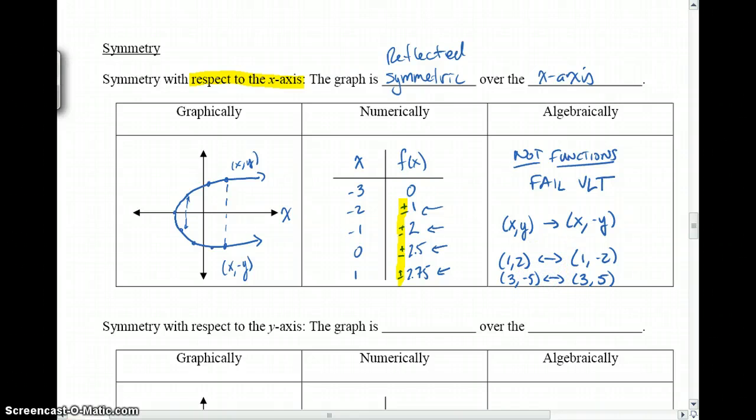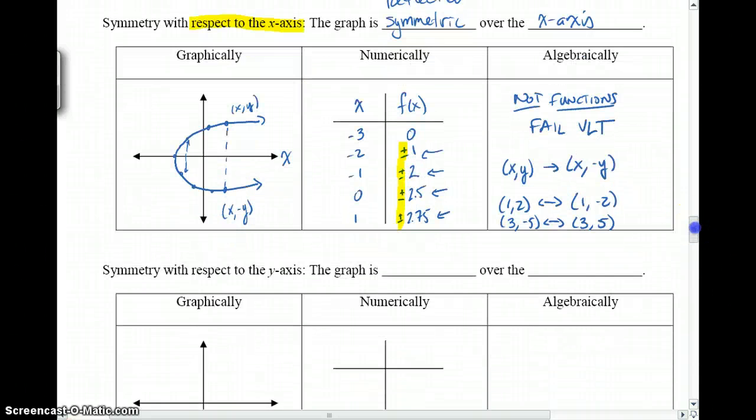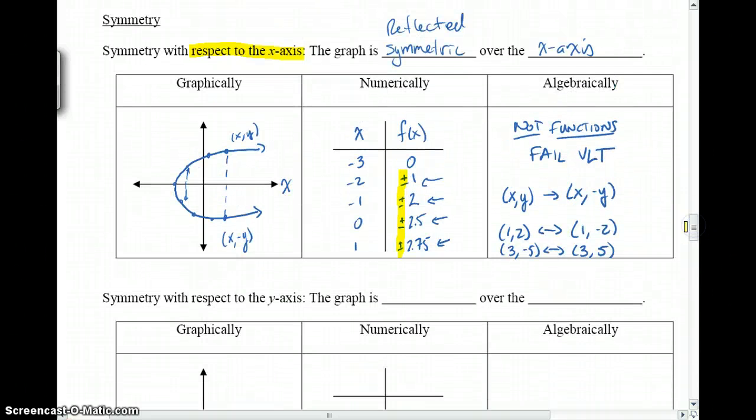Alright, so the next type of symmetry we're going to talk about is symmetry with respect to the y-axis. So again, this is symmetric or reflected over the y-axis.